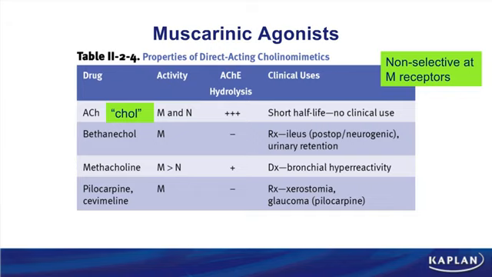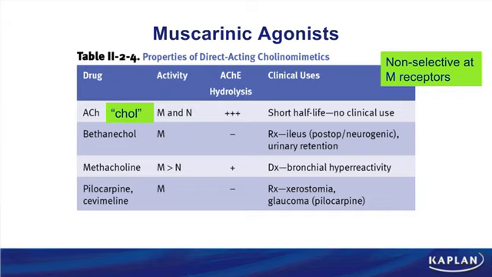Can you come up with two reasons why acetylcholine is not a very useful drug? Well, the first one should be pretty obvious: short half-life. Because it's rapidly metabolized by acetylcholinesterase, really it's too short to be of any real clinical benefit. The second reason maybe why you would not like acetylcholine as a drug is it's not selective for muscarinic receptors.